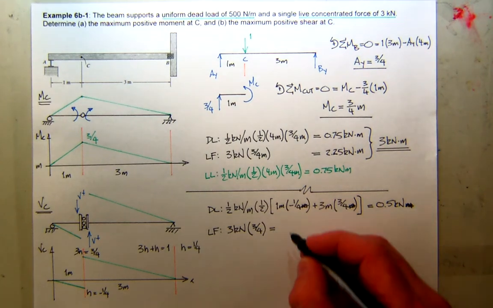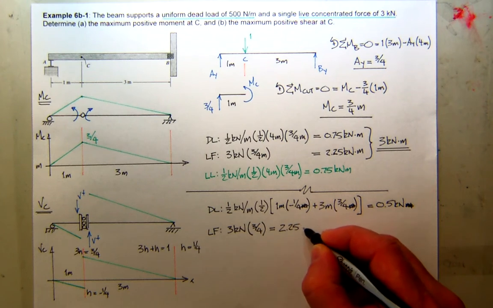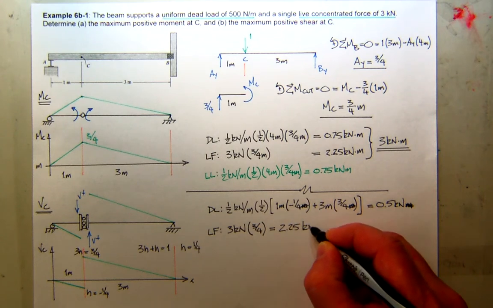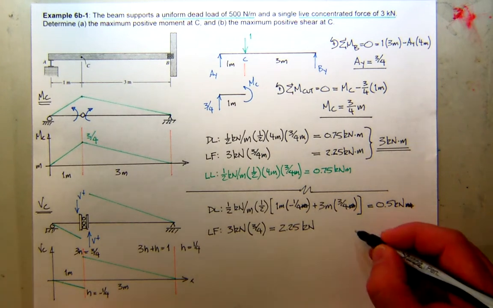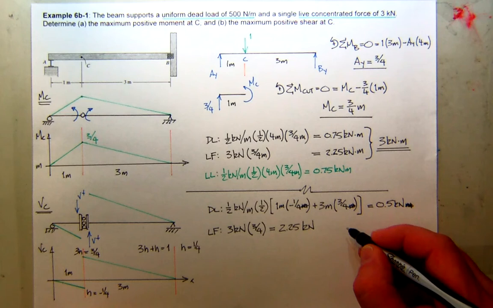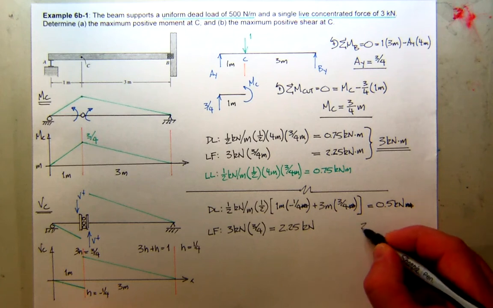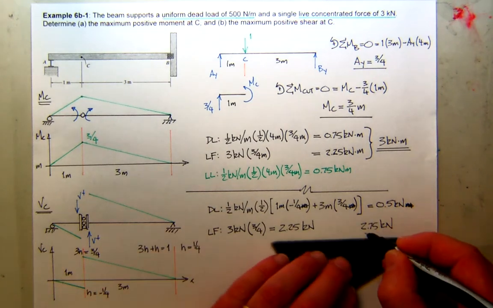This is kind of a strange problem because I would never have expected to get exactly the same values, but there it is. So we would add those together and our maximum value would be 2.75 kilonewtons.